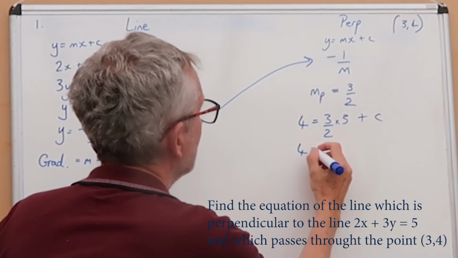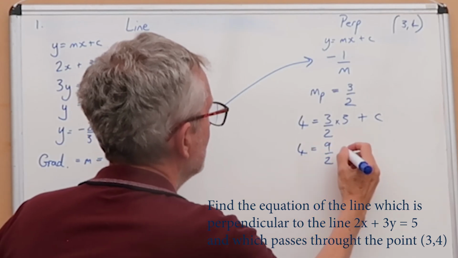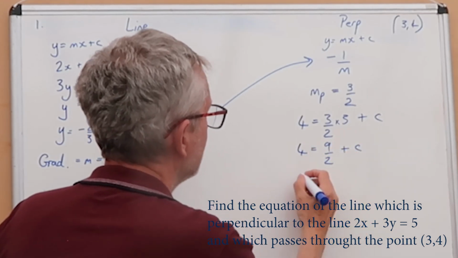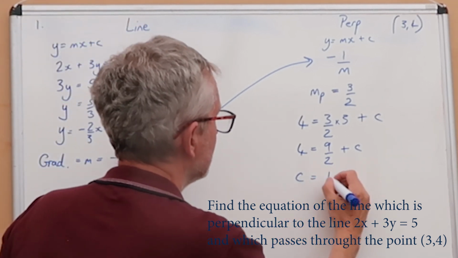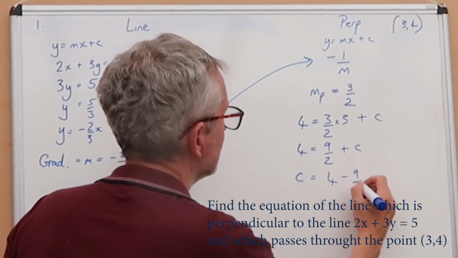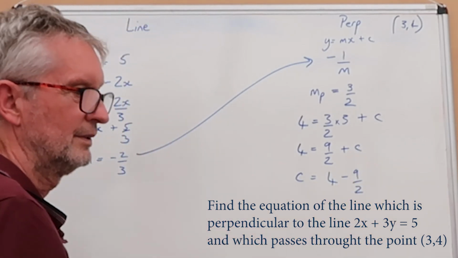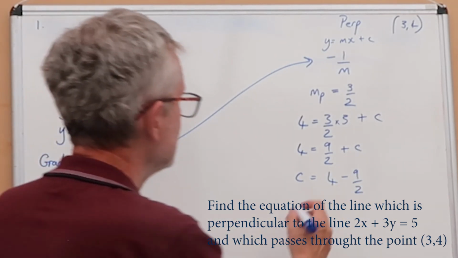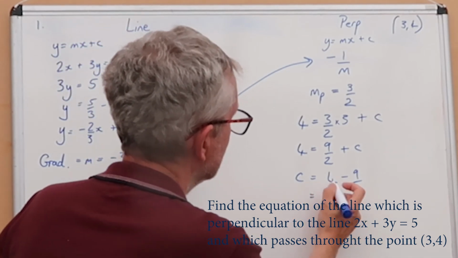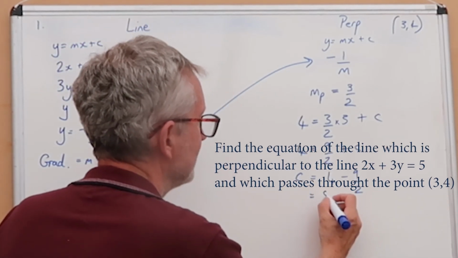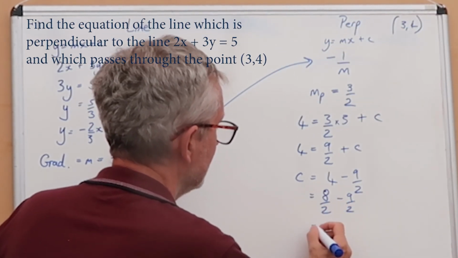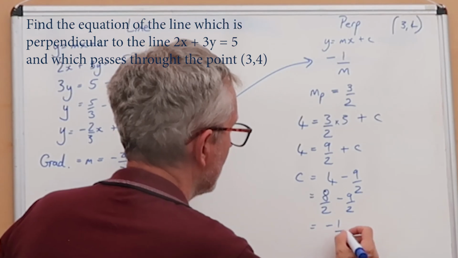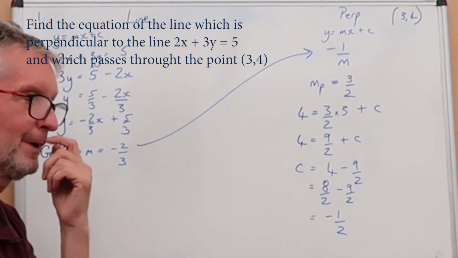Let's expand. 4 equals 9 over 2 plus c, so therefore c equals 4 take away 9 over 2. If we put them both over 2, that means 8 over 2 take away 9 over 2, c equals minus 1 over 2, minus a half.